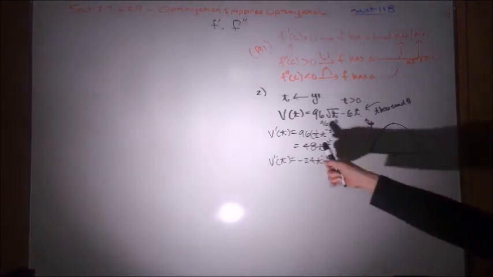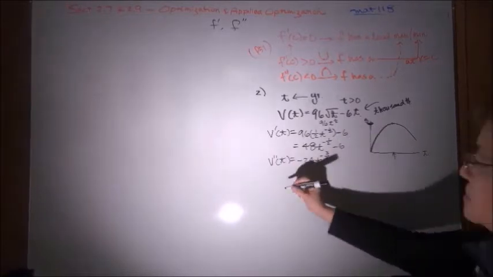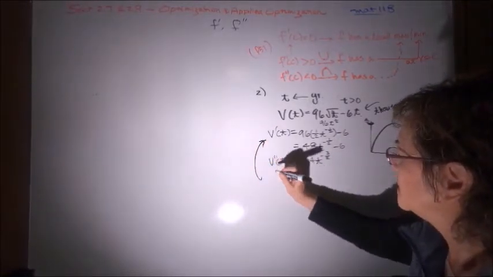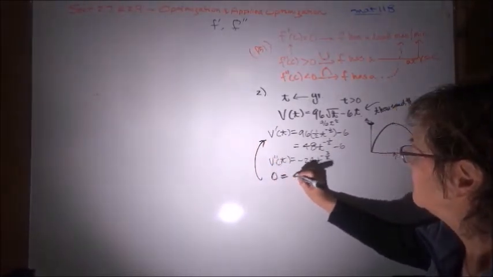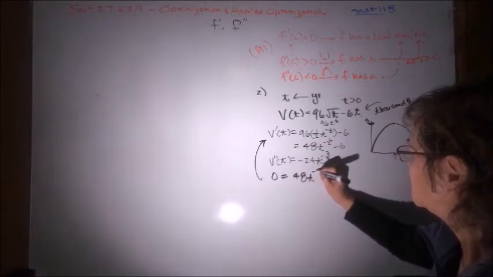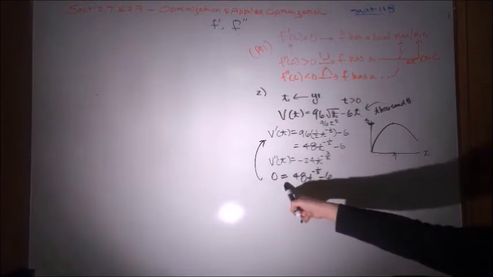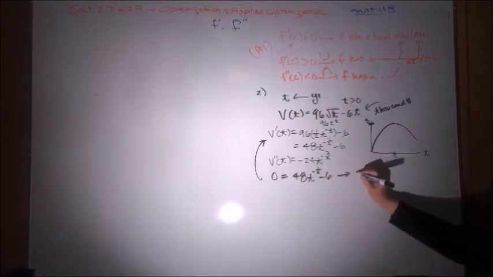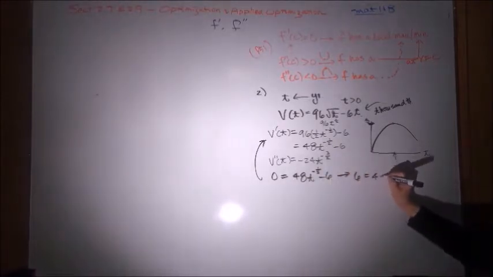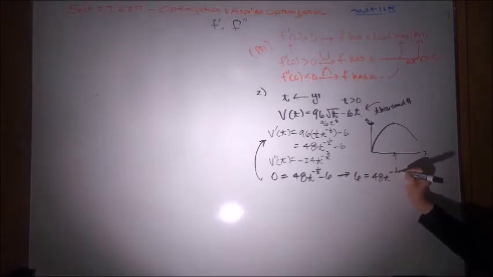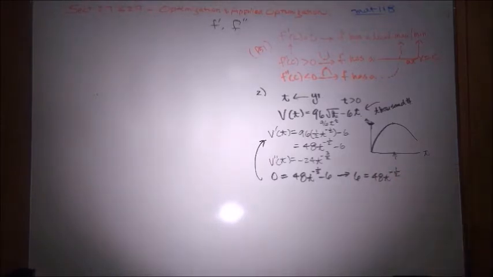Now we need to find where f prime becomes 0. So you take this one, 0 equals 48t to the negative half minus 6, right? Make it 0, that means 6 equals 48t to the negative half.